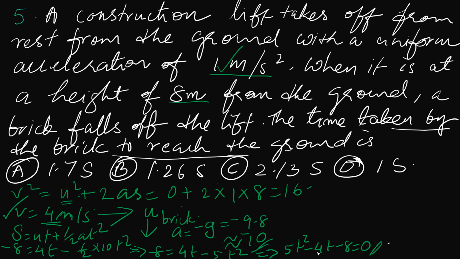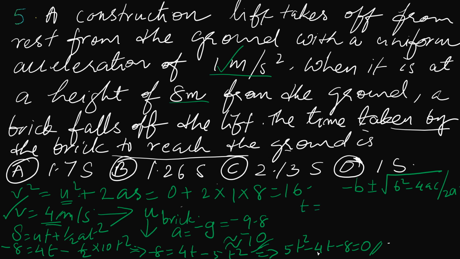In order to find the solution, we can use the formula minus b plus or minus square root of b square minus 4ac by 2a for finding time.